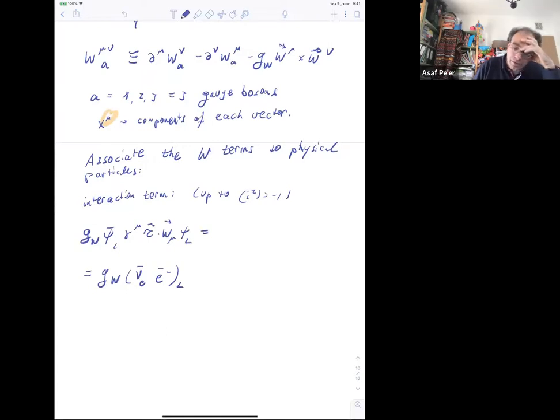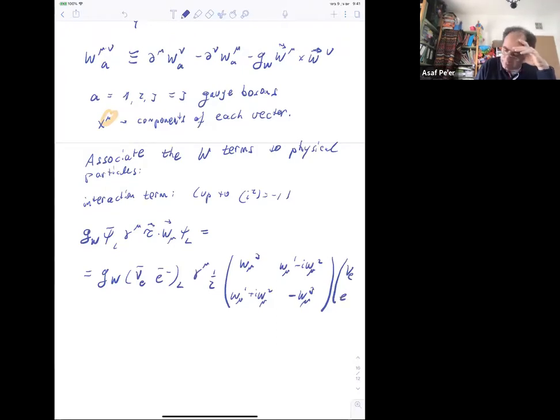Then we have γ^μ. Now I'm going to write down explicitly the τ. τ, as we said, is half σ, and σ are the Pauli matrices. So I have 1/2 and σ dot W, which I'm just going to expand. Remember the Pauli matrices: it's going to be W_μ^3, W_μ^1 minus i W_μ^2, W_μ^1 plus i W_μ^2, and then minus W_μ^3. And then ψ_L is just ν_e and e minus, left.